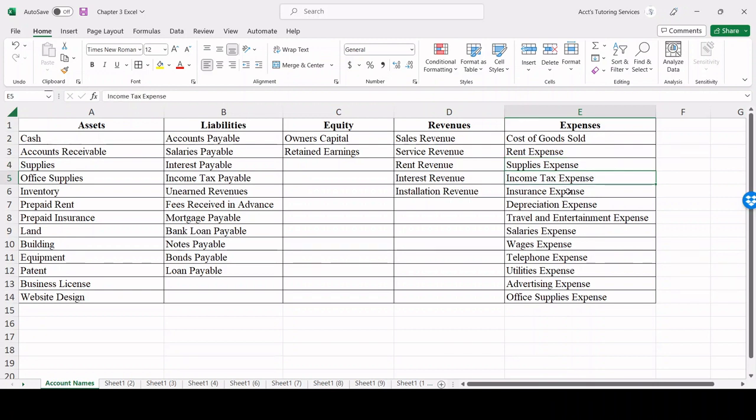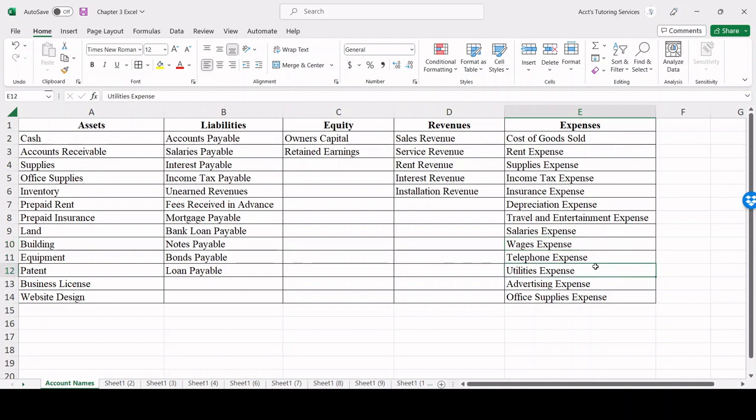Income tax expense, insurance expense, depreciation expense, travel and entertainment expense, salaries expense, and wages expense. The difference between salaries and wages is that salaries is paid on a yearly basis, like you get paid $60,000 a year. So if you work overtime or fewer hours, you still get paid $60,000. Whereas wages, you get paid hourly.